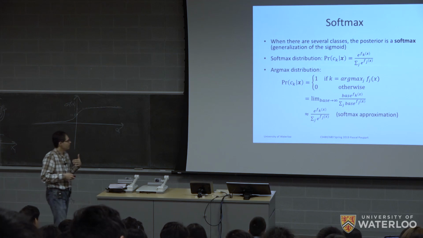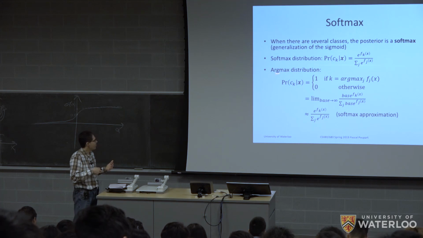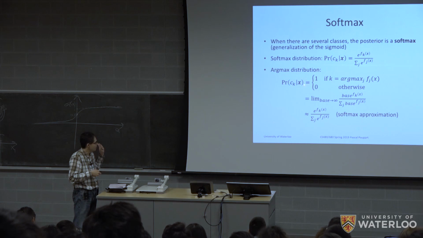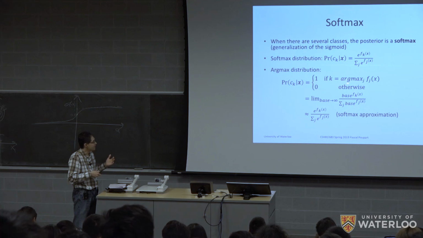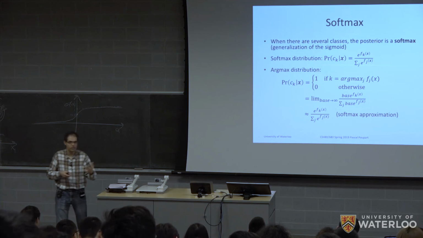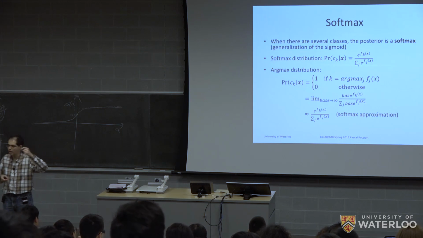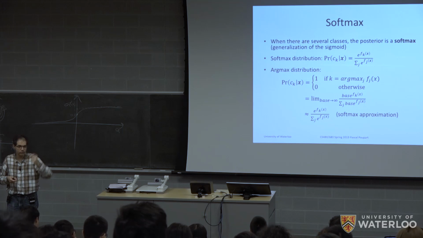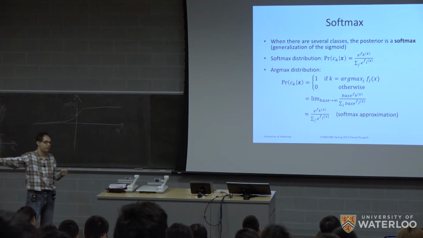Here we can look at the argmax distribution. Let's say that I'm computing a posterior, and I want to associate probability 1 for the class that has the highest function f_j, and 0 otherwise. Then the argmax distribution would be this degenerate distribution that assigns probability 1 for the thing that has the highest value and probability 0 for everything else.